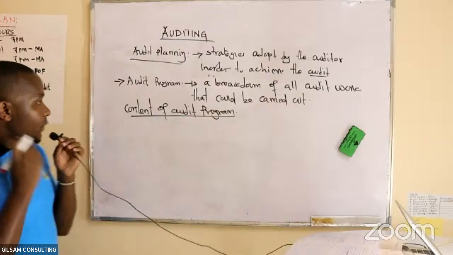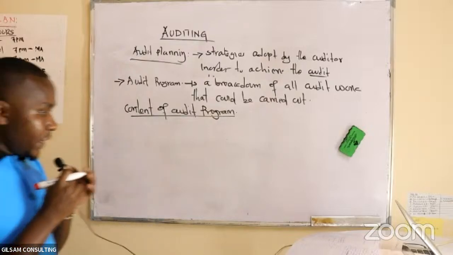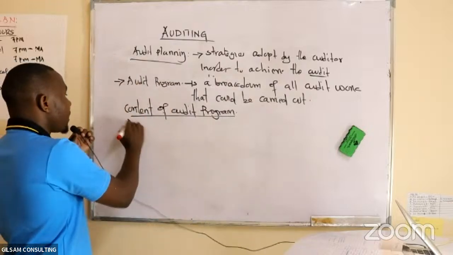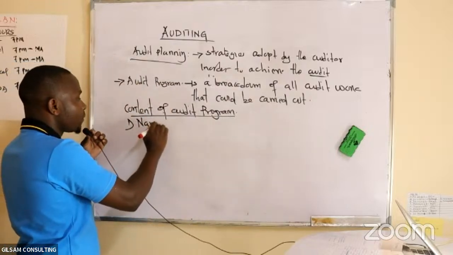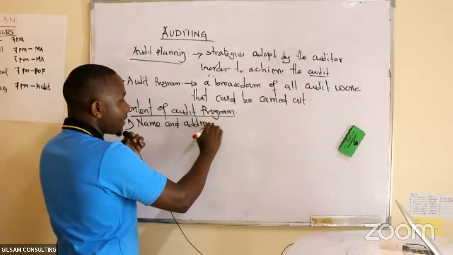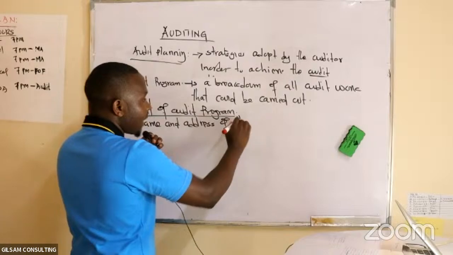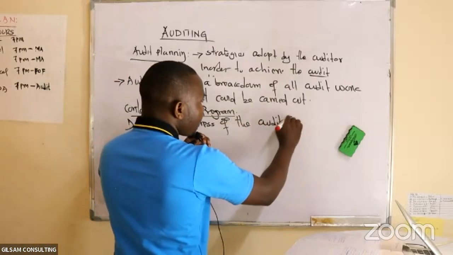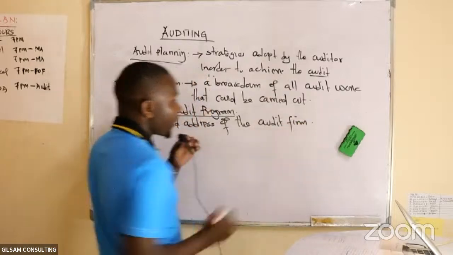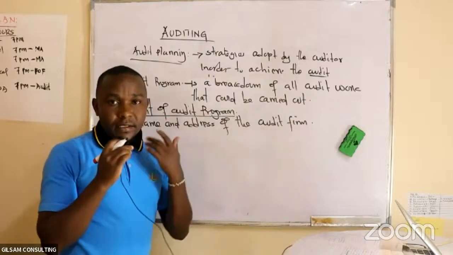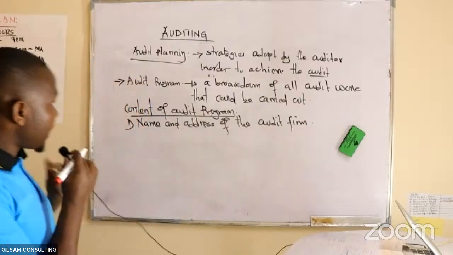The first content of audit program is the name and address of the audit firm, which is the one that carries out the audit assignment.